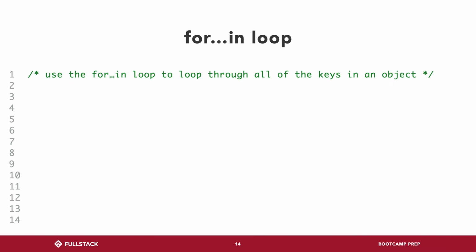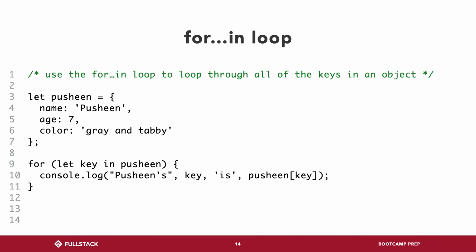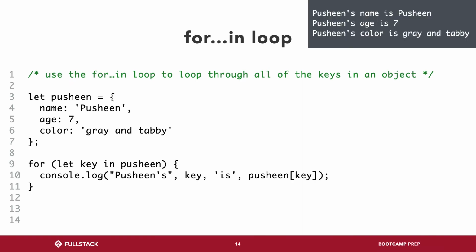But the in operator is used in a for-in loop. So the for-in loop loops through all of the keys in an object, right? Let key in Pusheen. So it will loop through the object, and this variable, which doesn't have to be called key, can be called anything, okay? Key will be assigned through each iteration, each key in Pusheen.